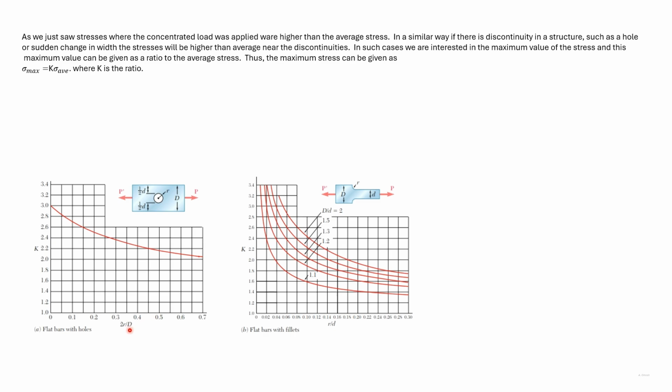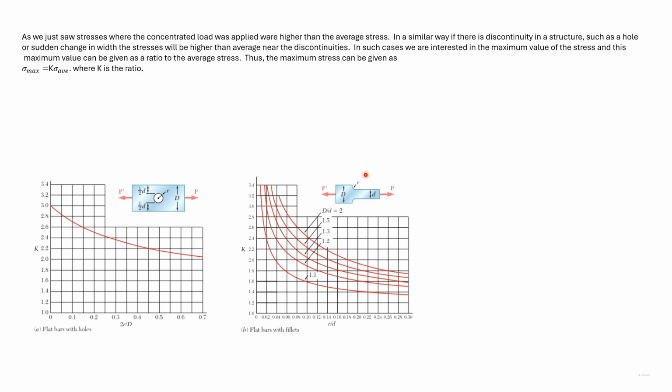Then the K is 2.2. This means that the maximum stress is 2.2 times the average stress. Now, if the thickness of the plate is small t, then the average stress is given as P by d t, where d is a small d.